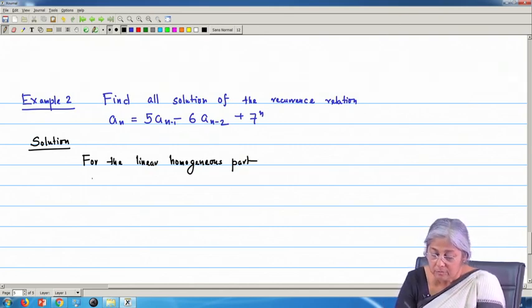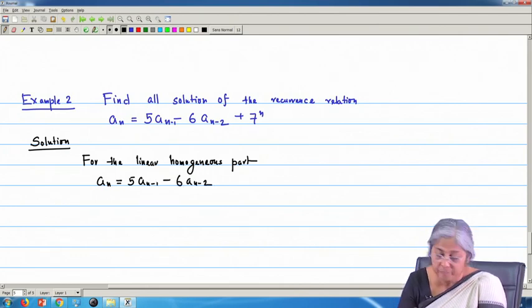So we know that if we put the form of a n equal to t to the power n, since it is a second order linear homogeneous part, that means a n equal to 5 a n minus 1 minus 6 a n minus 2.